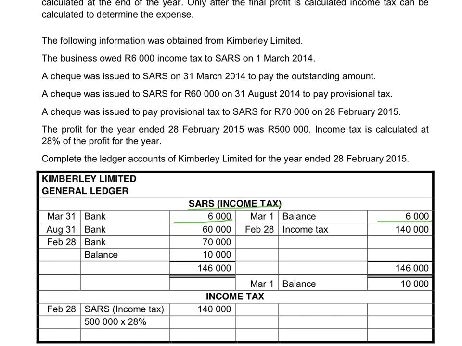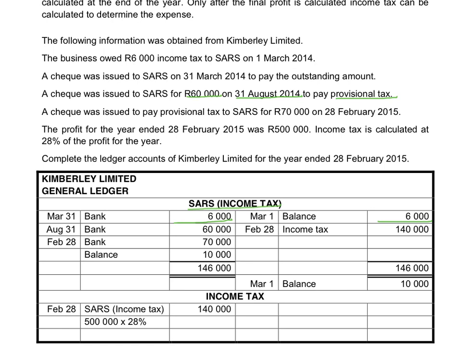So on the 31st of August, in the middle of the year, a provisional tax payment is made on the profit that they made during the first 6 months, and they send 60,000 Rand to SARS. That 60,000 Rand reduces the total debt to SARS that the business will have to pay on all the profits that they make.